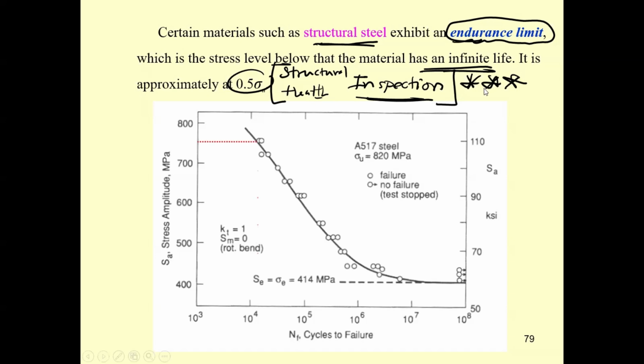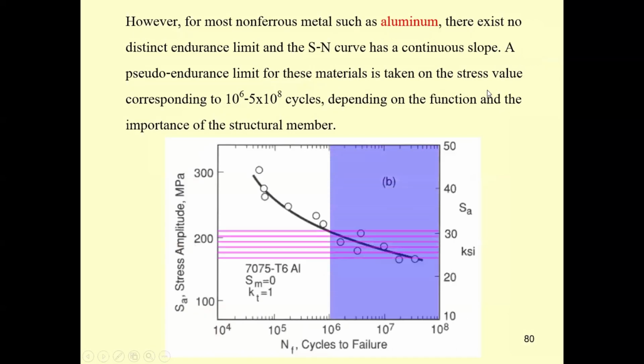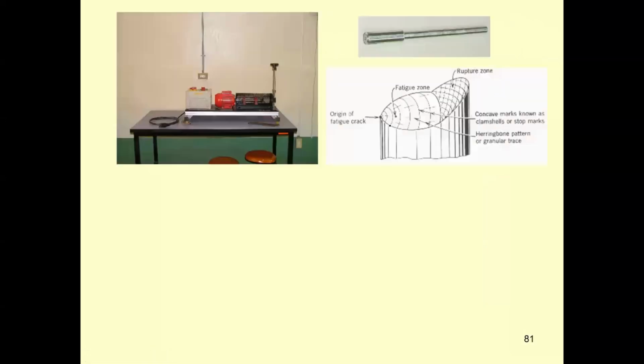And then why does the fatigue occur? Fatigue occurs due to a small crack. Okay, when the crack is subjected to repeated load, such as when you have a wound, a small wound, when you bend it, it's going to hurt. Okay, when the micro crack is subjected to repeated load, that micro crack will grow up to one point.